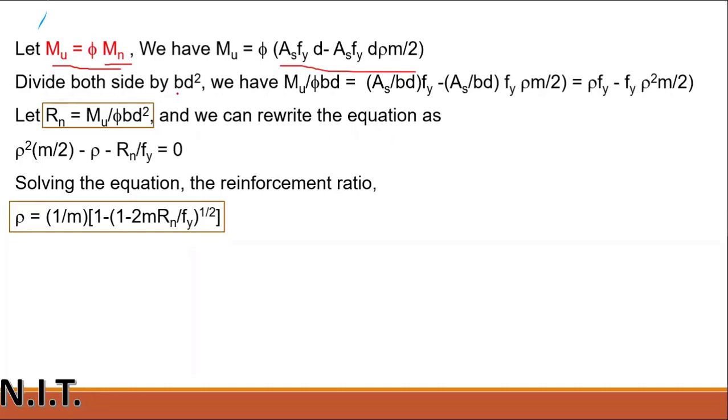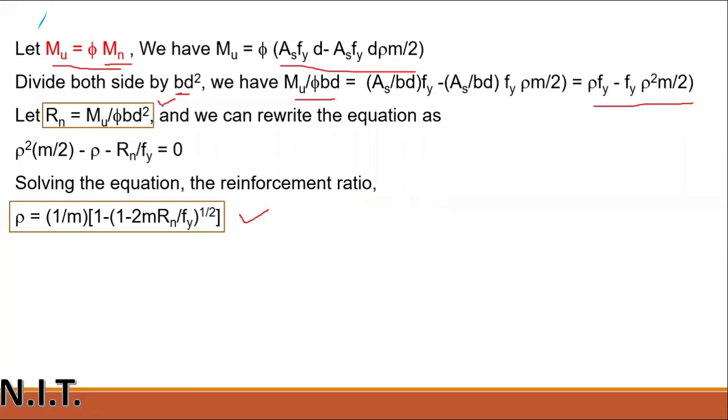Divide both sides by b d square. We have this new formula, and this will be the finalized form of this equation, where Rn equals Mu over phi b d square, and we can rewrite this equation in the form of Rn. Solving this equation, the reinforcement ratio will be used in this form.